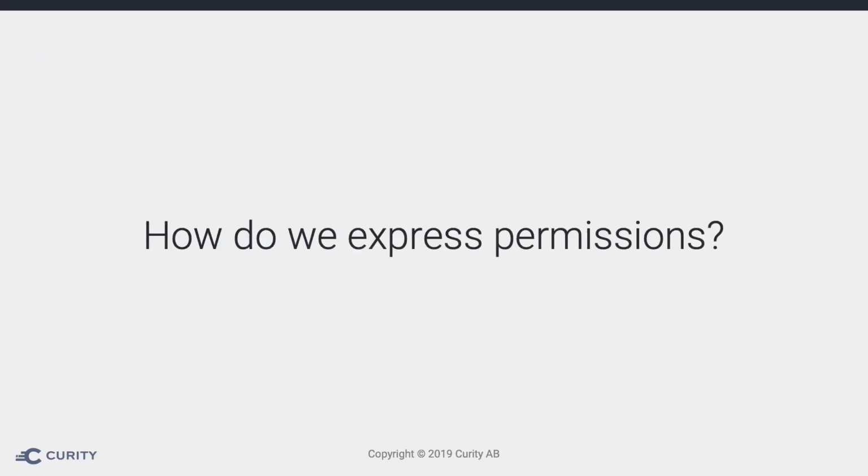So how do we express permissions? What are permissions in an API landscape? We can roughly define permissions as a way to describe what a client or a client application can do in a certain situation, combined with what a user can do in a certain situation.